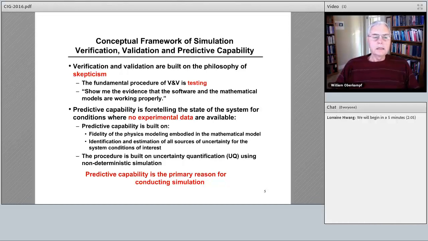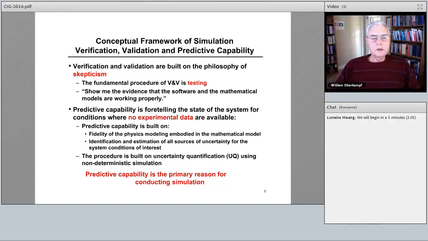And this is a vast topic in itself, particularly if you deal with systems that are exposed to very different kinds of environments. For example, tsunamis, earthquakes, floods, all kinds of things. The procedure is built on uncertainty quantification using non-deterministic simulation.